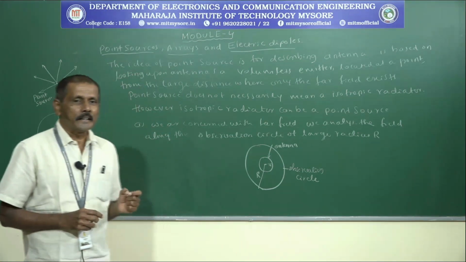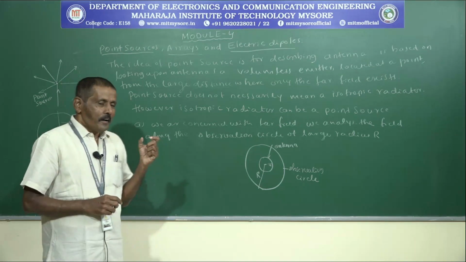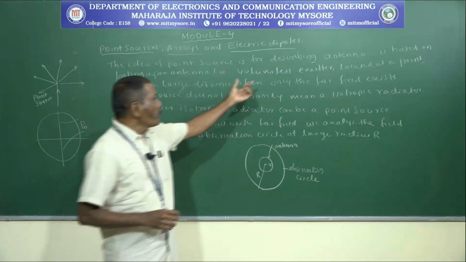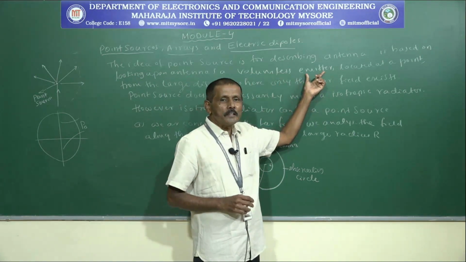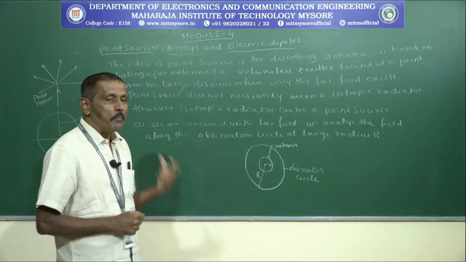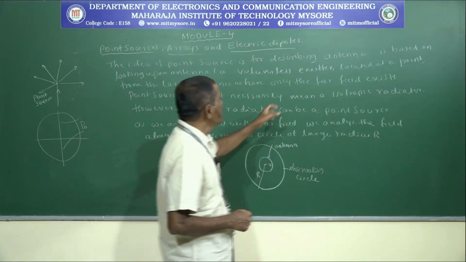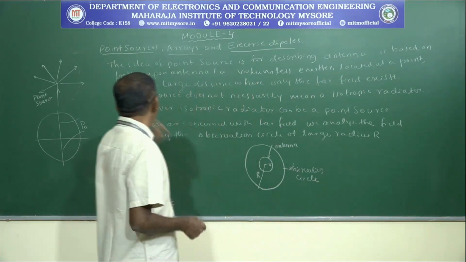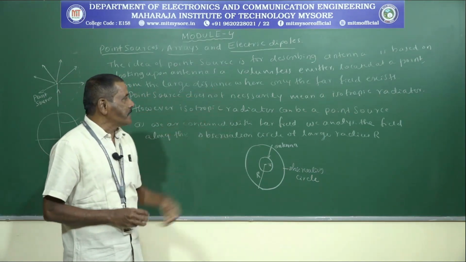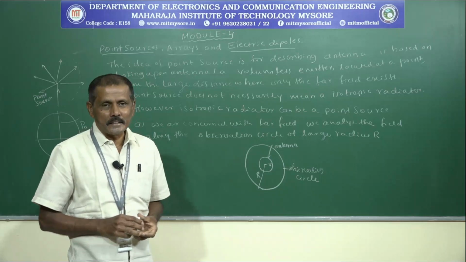When we consider this antenna as a point source, we are taking it as a volumeless emitter. That means it does not have any volume, but it emits the radiations. Then it is located at a point from the large distance where only the far field exists.